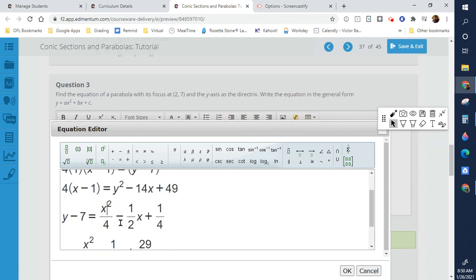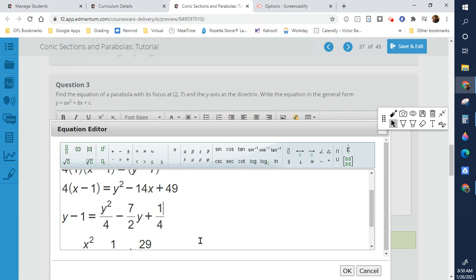This is a y squared. This is a y. This is a minus 1. Dividing this would be 7 over 2 because 14 divided by 4 can be reduced to 7 over 2.